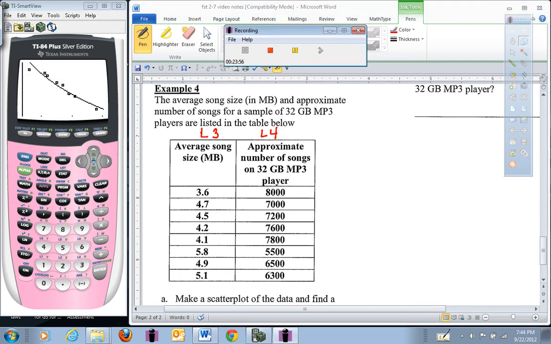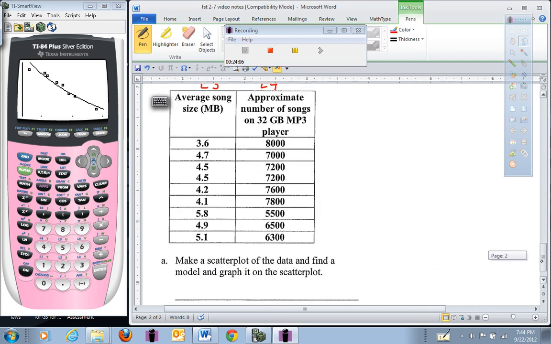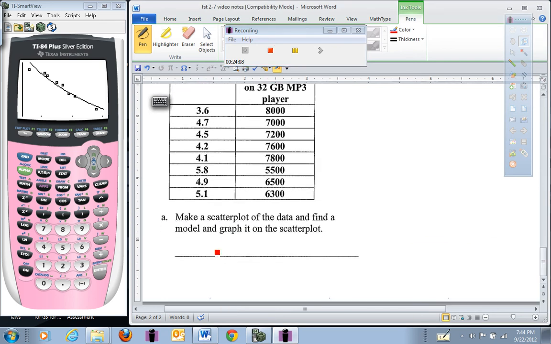As you can see, I have my scatter plot on here, and I have my curve that I fit to it using my power regression. My formula that I got was y is approximately 24,551.42, and then my x had a power of negative 0.8315402197.